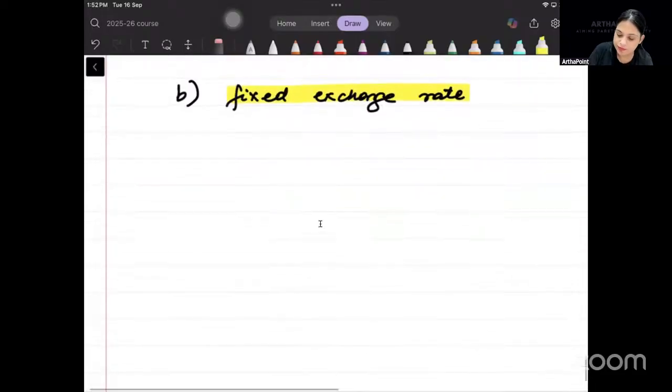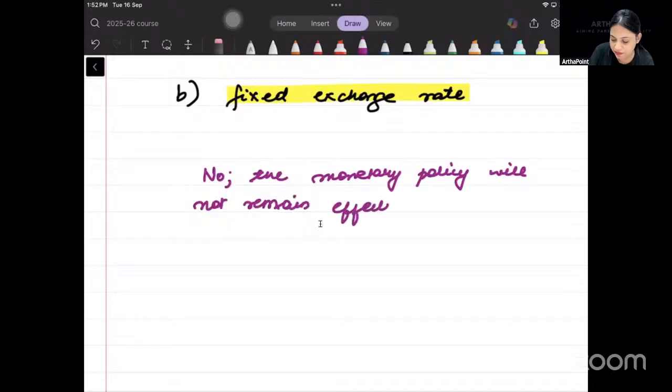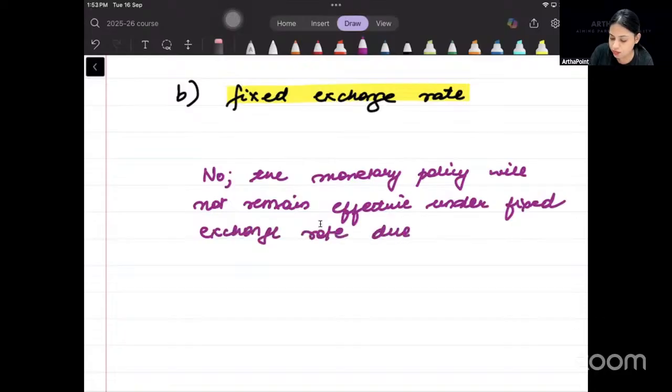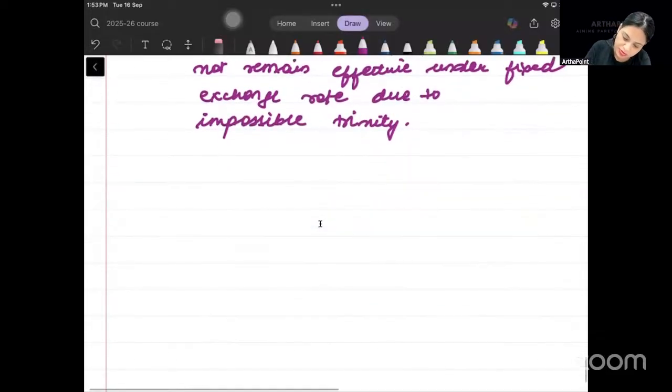So write down: no, the monetary policy will not remain effective under fixed exchange rate due to impossible trinity. You can explain impossible trinity then.